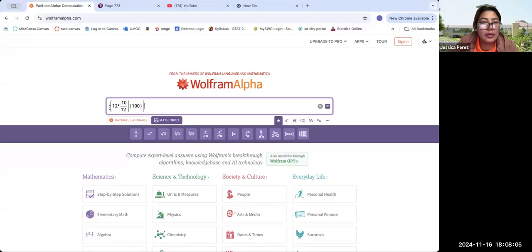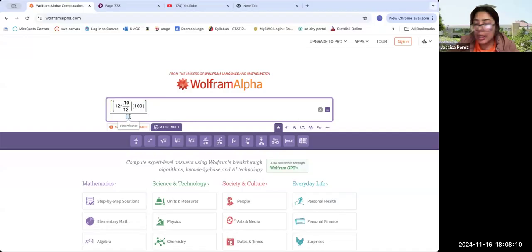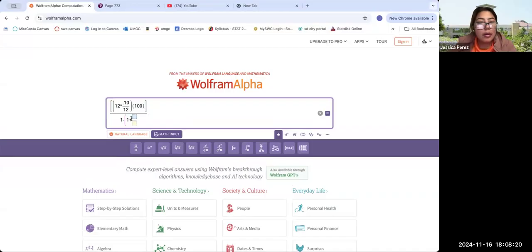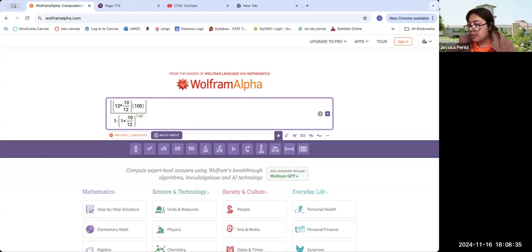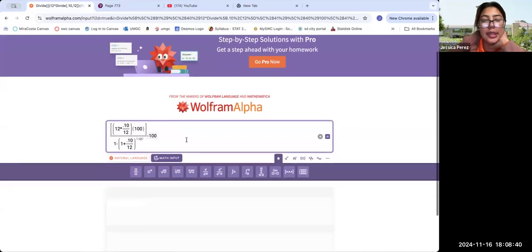So I'm going to put a bracket and a bracket. And then I put division. And my denominator is going to be 1 minus parentheses 1 plus, there's my fraction, 0.10 over 12. This value will be raised to the negative 12, negative N. All this is going to be subtracted by 100. And let's hit enter.